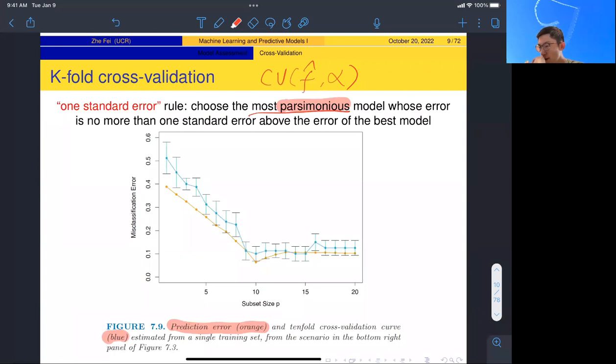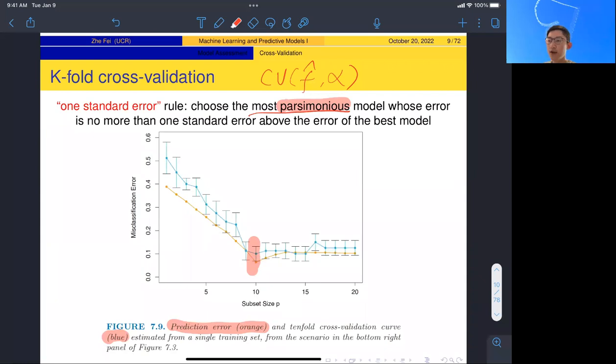We want to minimize this error, and the smallest error occurs at this subset size p, in other words, the model size. So for a model size of 10, we achieve the absolute smallest error.